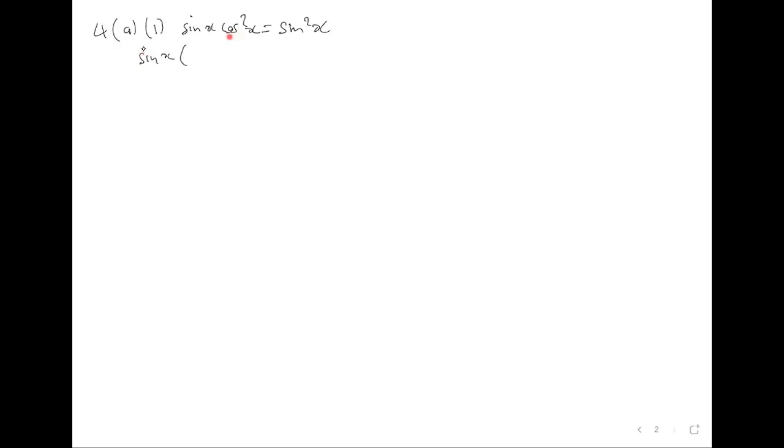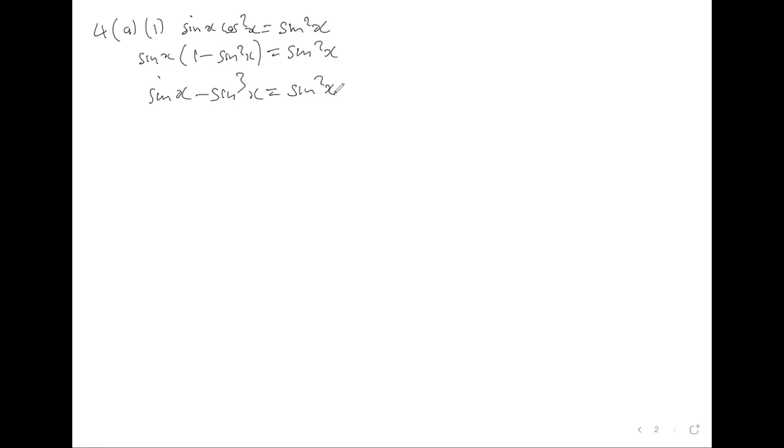So we can make some substitution for cos squared x. Cos squared x, we write it as 1 minus sine squared x, equals sine squared x. And so when we expand here, we have sine x minus sine power 3x being equal to sine squared x.